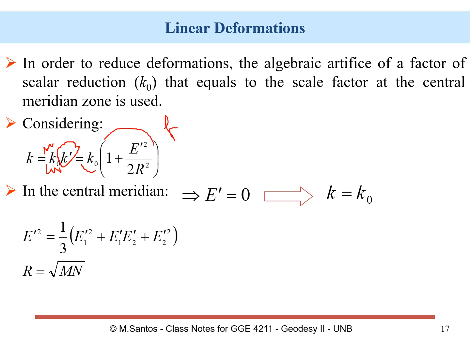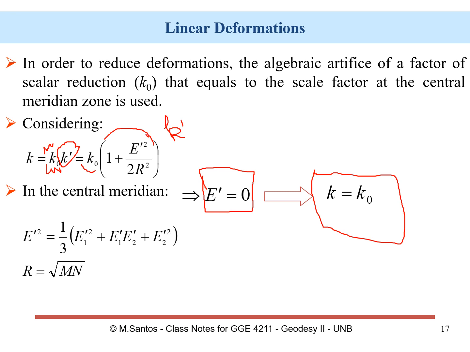This K prime is the one that we defined before. At the central meridian, E prime equals 0. Therefore, the equation reduces to K equals K sub 0.